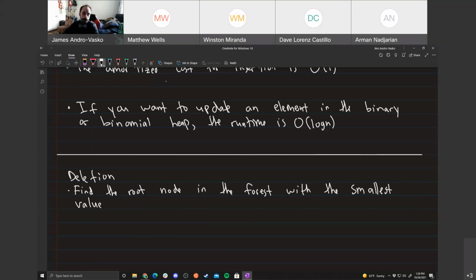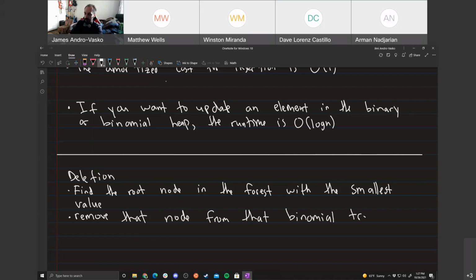So typically we can have a pointer that always points to it just to make it faster, but we can of course traverse all of our head nodes and find the smallest one, but we typically always maintain some pointer pointing to that smallest element. And then we're going to basically remove that node from that binomial tree.